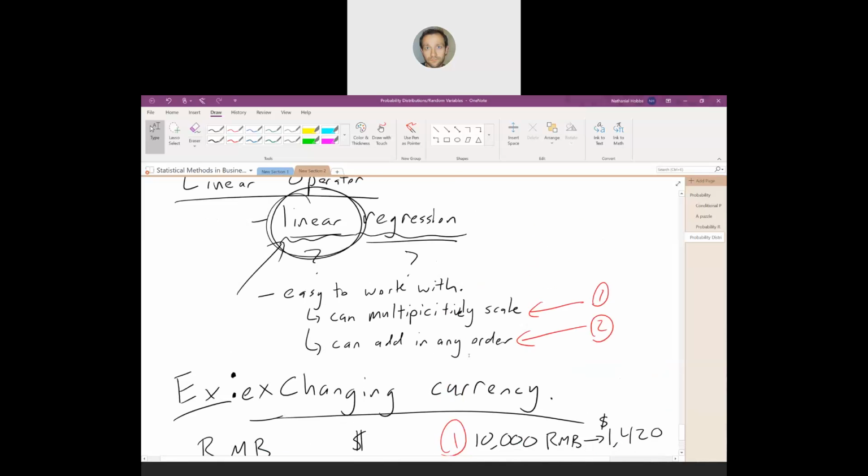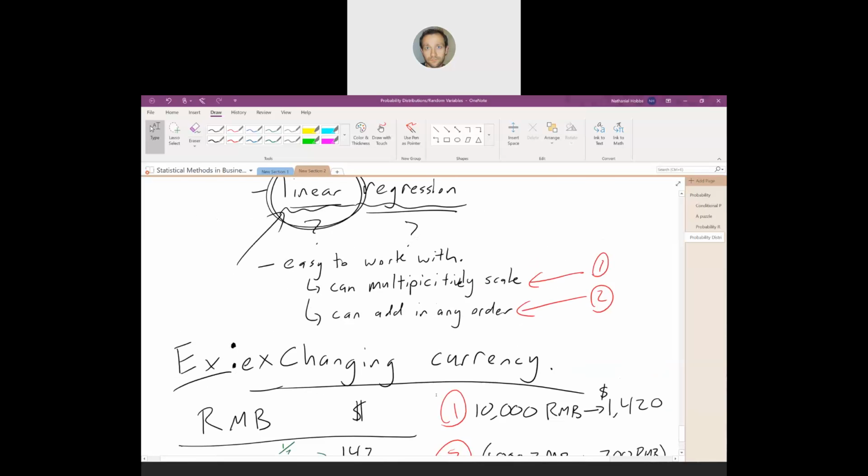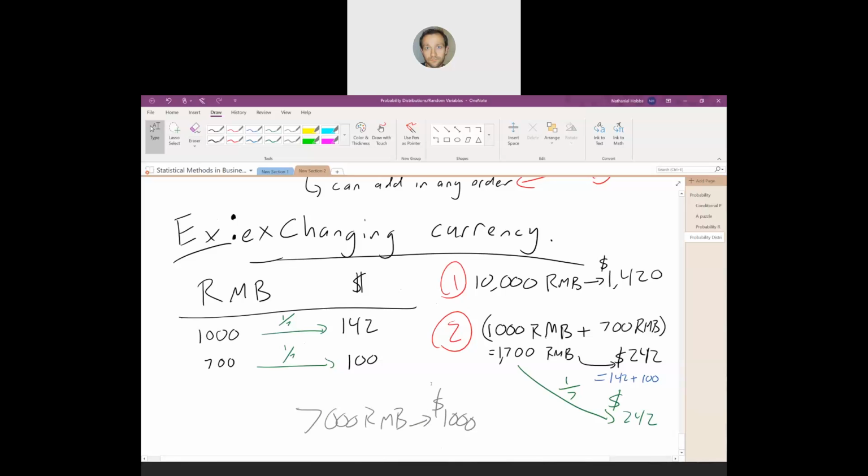So this is what this means. Therefore, like exchanging currency, this is a linear operator. Anybody who's dealt with currency exchange already understands sort of what it means to be a linear operator.